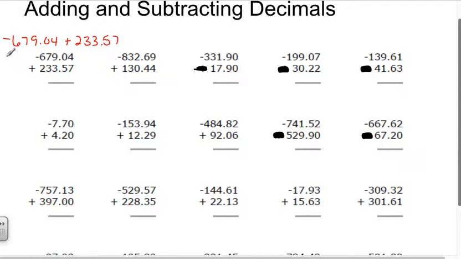When I look at a problem like this, I know that I have 600 negatives and 233 positives, and that I'm already adding. Well, there better be an efficient way to do this, because I am not going to write out 679 negative signs. I can tell that 679 negative signs is going to be more than 233 positive signs, so I know my answer is going to be negative.